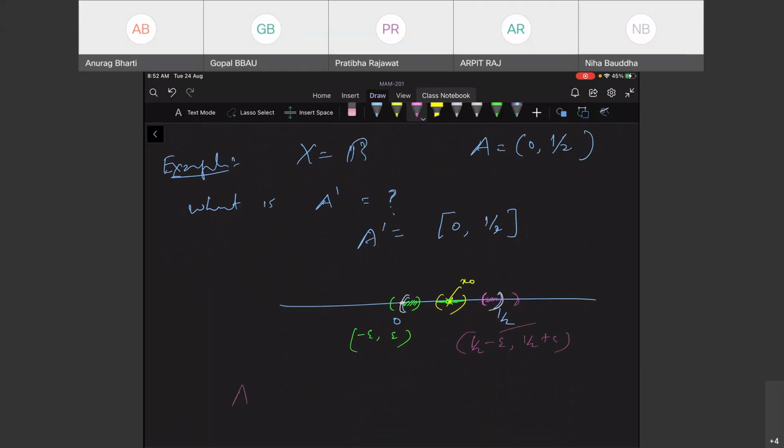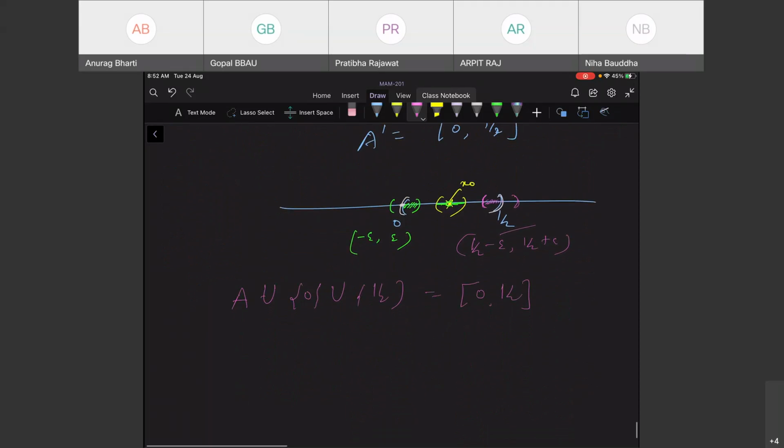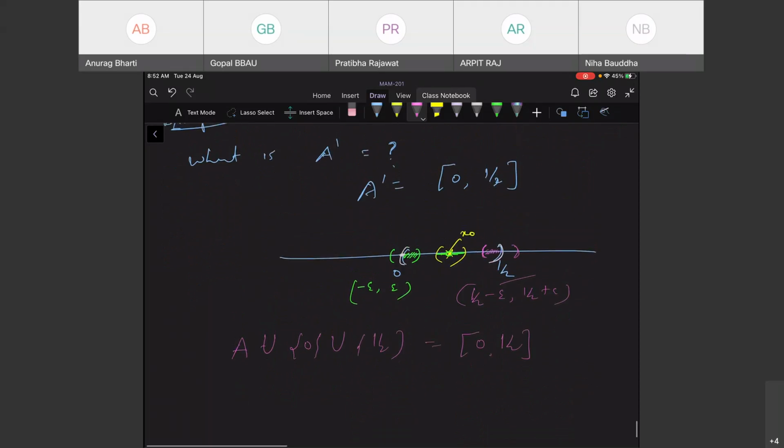So the derived set is A union {0} union {1/2}, which is the closed interval [0, 1/2]. But when you say A dash, you have to show that no other points are limit points.